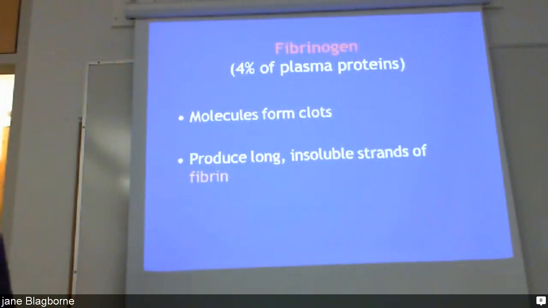Fibrinogen is the smallest portion of the plasma protein, and it is used in the clotting of our blood when you have an injury.